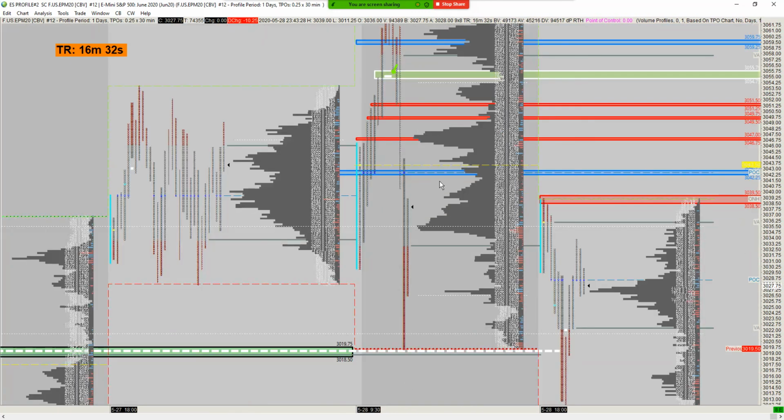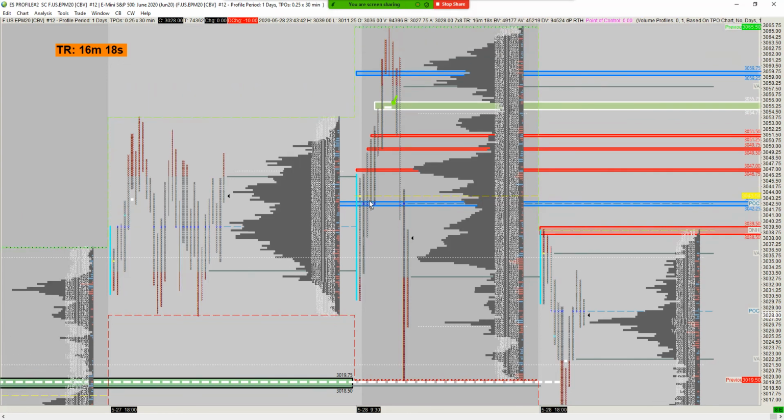The TPOC is the price level, my blue here, where the most number of candles are. So that's A, B, C, D, E, F. That's one, two, three, four, five, six, seven wide. They're going to say seven wide. Seven wide means that at least seven profiles touched this price, right? That's the TPOC here. I have it in blue.